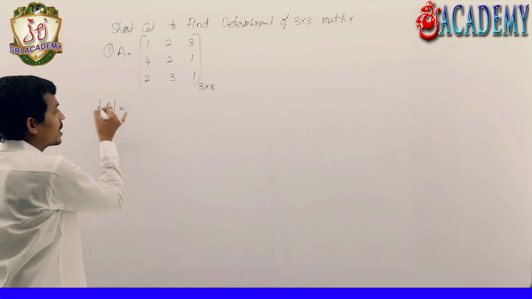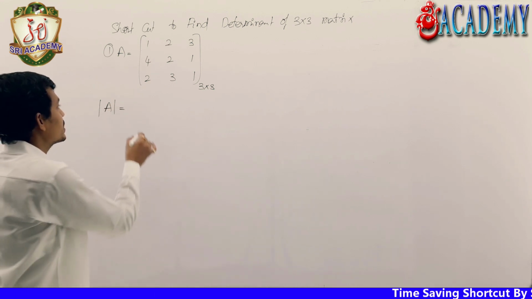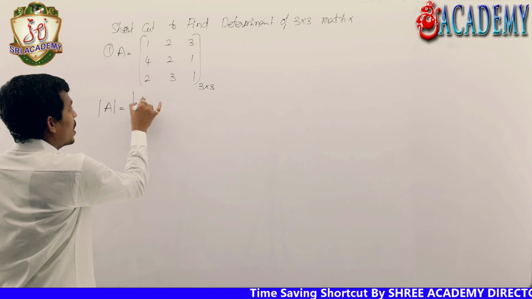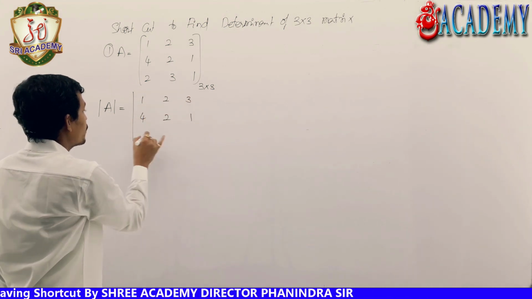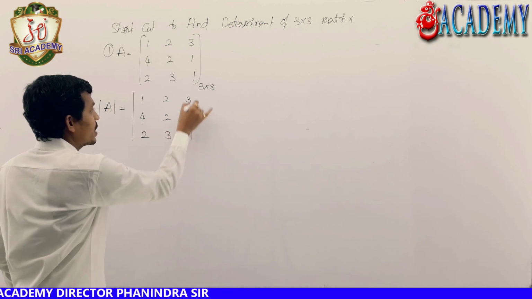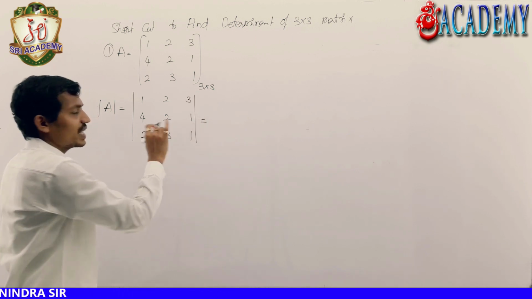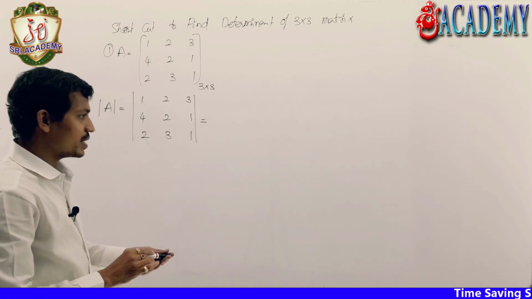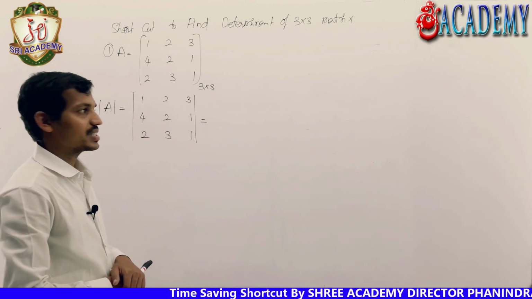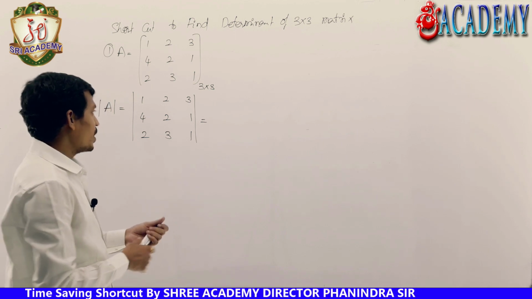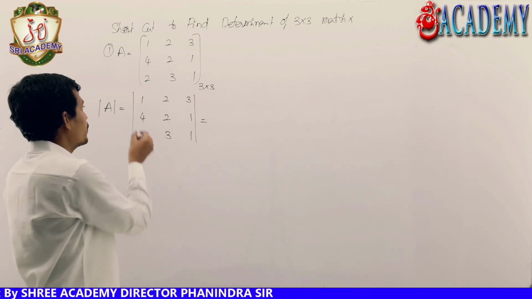This we read as determinant of A, that is nothing but we write 1 2 3, 4 2 1, 2 3 1. You have to take any row or any column of elements and multiply those elements with their cofactors. Generally we will do it like this.